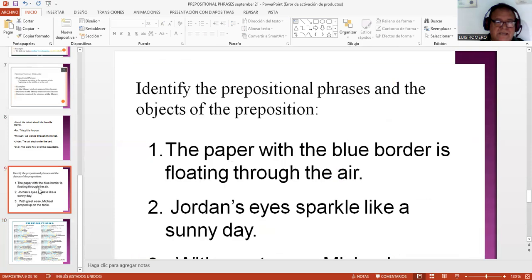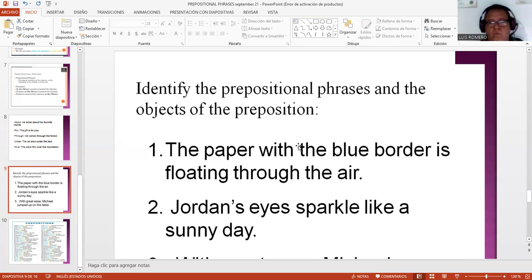Now, in this case, what is the preposition that you can see in that sentence? With. Very good. This is a preposition. Let's work with this. With is a preposition, so you have seen one element of the prepositional phrase. Then what's the noun? The noun would be the border.